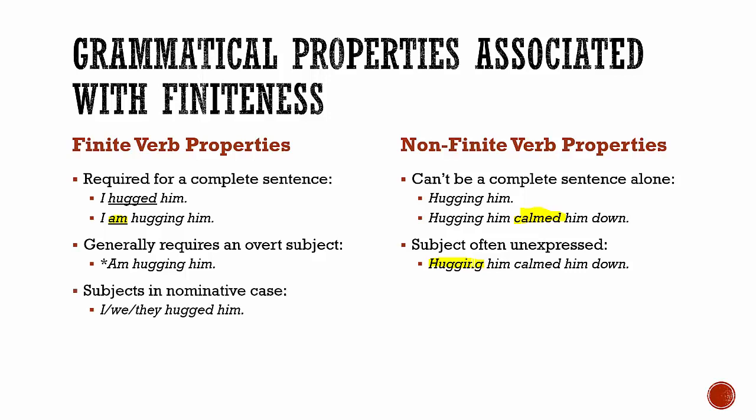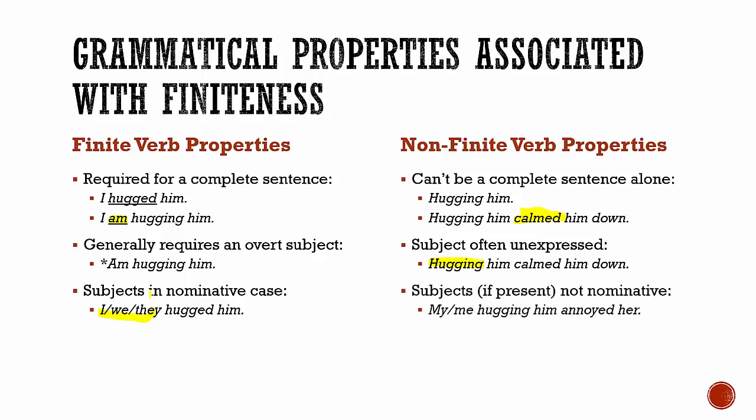The subject is usually required in the finite cases, and when we do have one, we get a nominative case: "I hugged him," "we hugged him," "they hugged him." So we get these nominative pronouns. With non-finite verbs, again, more often than not they don't have a subject with them, but when they do have a subject, it doesn't take a nominative pronoun.